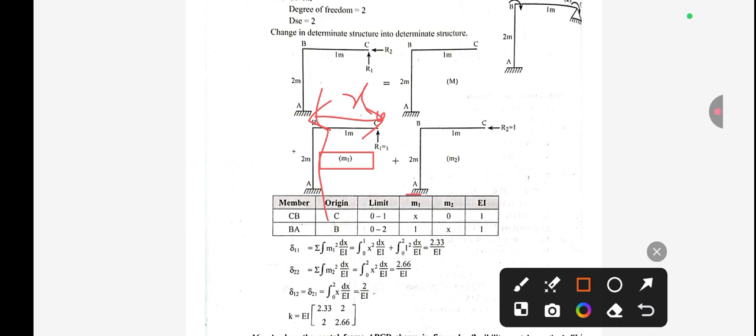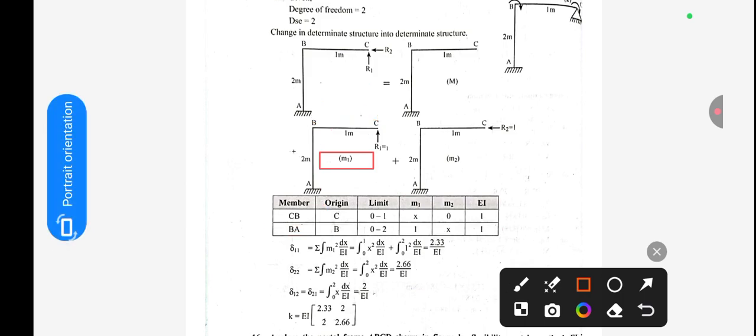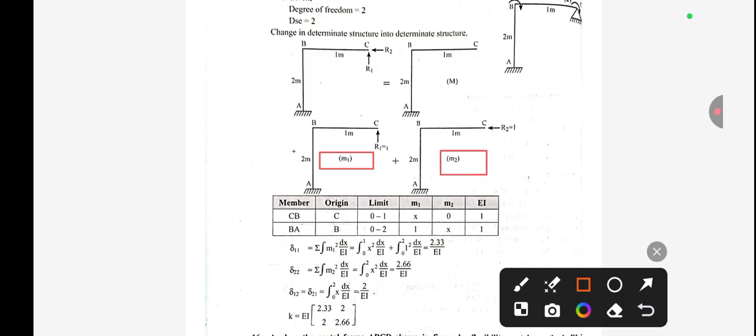For the BA section, we have this R1, and this value will be 1. For the other system, M2, for the CB section the moment will be 0.